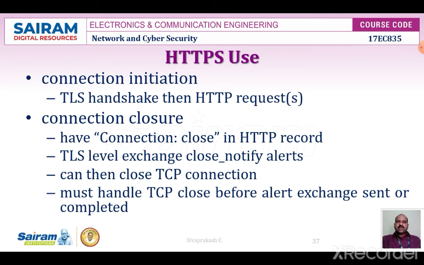Typically, the next lower layer is TCP, but it may also be TLS or SSL. At the TLS level, a session is established between a TLS client and a TLS server. This session can support one or more connections at any time.